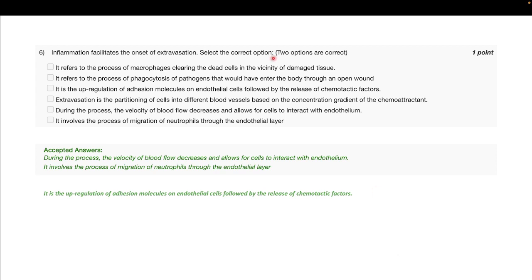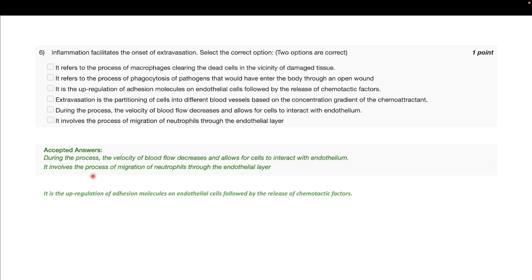The question is asking us to select two correct options which occur in extravasation. The first right option is, during the process the velocity of blood flow decreases, which allows the cells to interact with the endothelia, and then it involves migration of neutrophils through the endothelial layer, as I just mentioned.